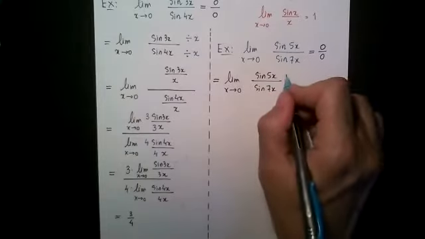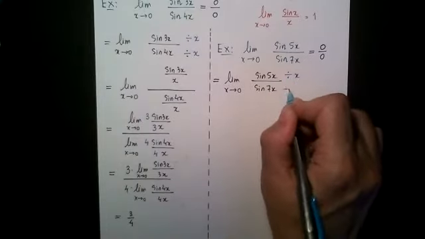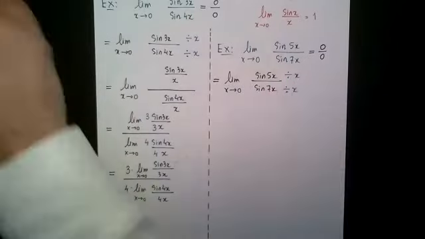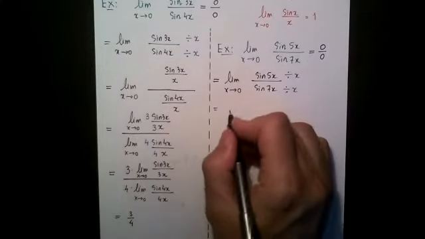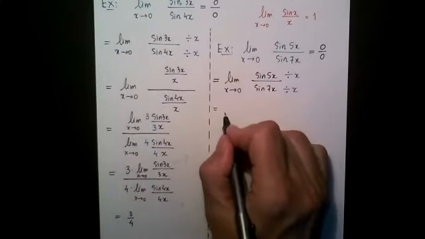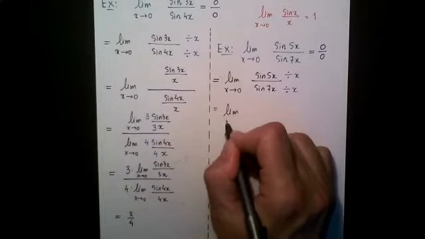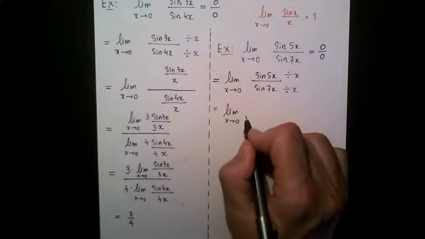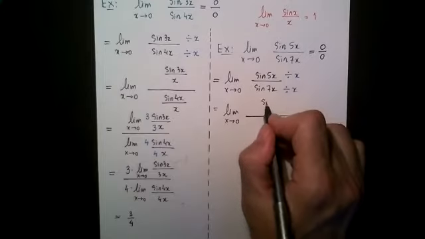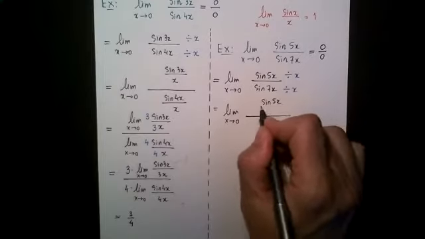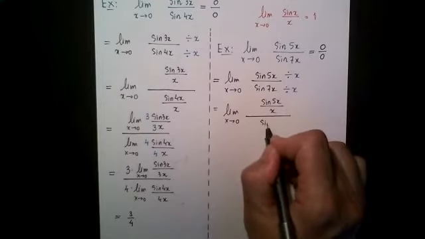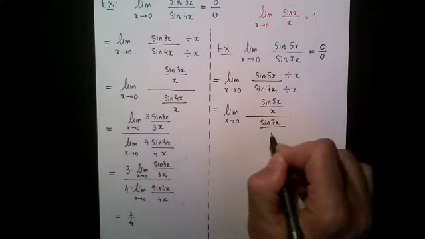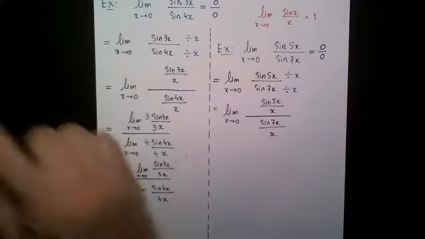Divide the top and the bottom by x. Equals limit x approaches 0 of one big fraction, sine 5x over x over sine 7x over x.